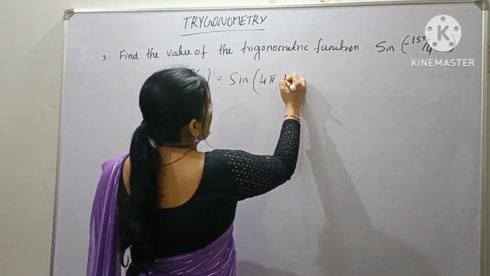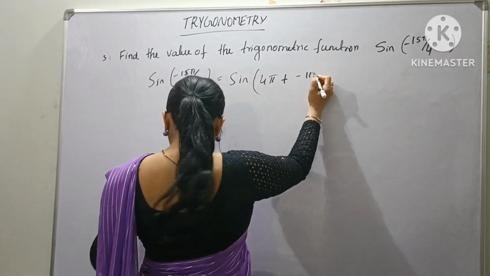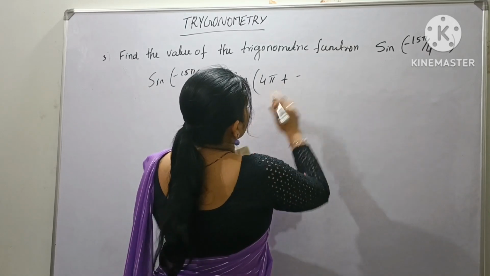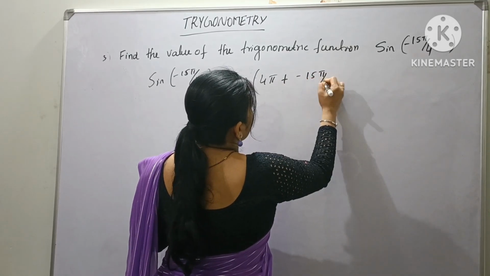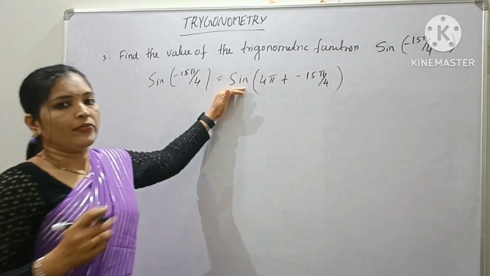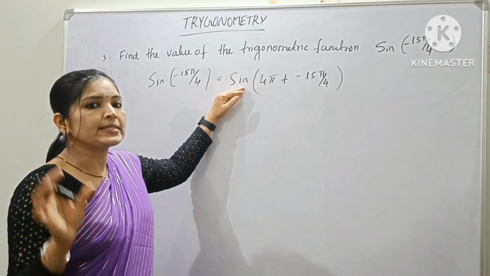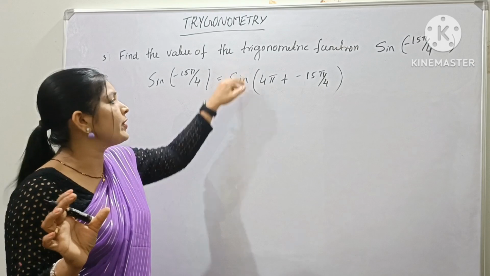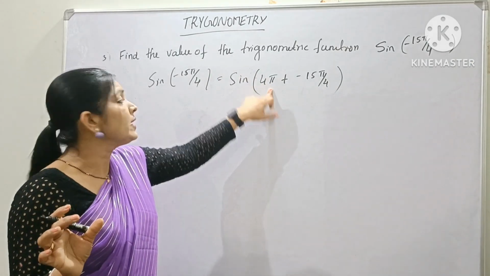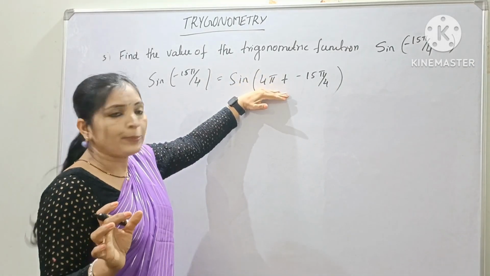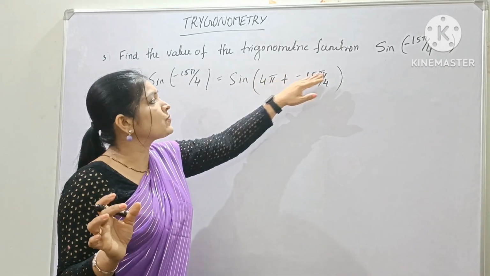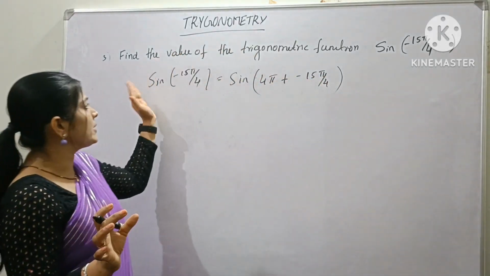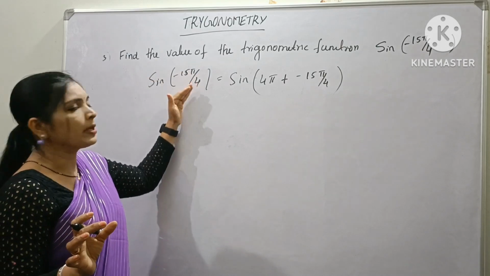We know that the value of sin x repeats after an interval of a multiple of 2 pi. That is, sine of a multiple of 2 pi plus minus 15 pi by 4 is nothing but sine of minus 15 pi by 4.